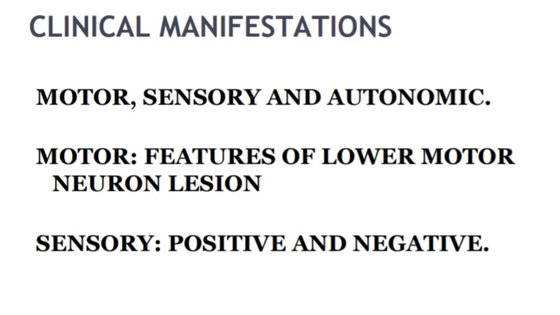Sensory features are usually positive or negative phenomena. Autonomic features are secretory, such as dry skin, eyes and mouth, and vasomotor symptoms like temperature instability, coldness, flushing, or postural hypotension, disturbance of the cardiac rhythm, bladder, bowel, gastric, and sexual functions.